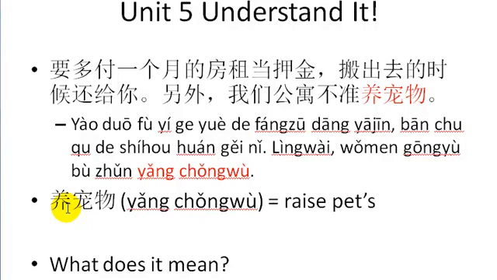The Chinese say raise, we say have. So when you're translating from English to Chinese, I have a dog, you translate it as I raise a dog. Or if you're translating from Chinese into English, you would say I raise a dog, and that would be translated into I have a dog.